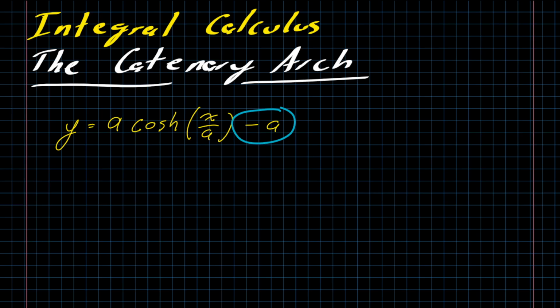That allows us to define the arc however we would like. But specifically, subtracting a is going to force the minimum of the curve to be at the point (0, 0).